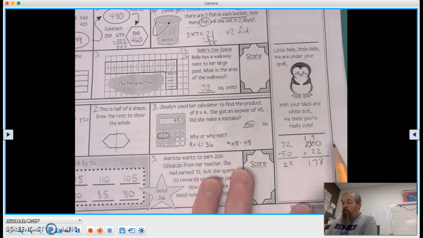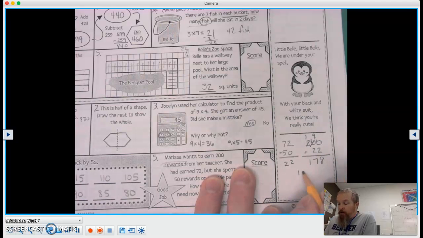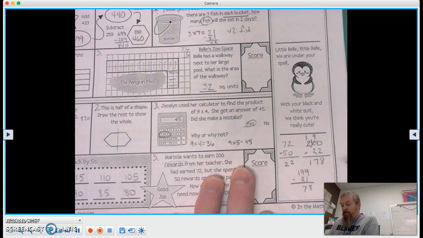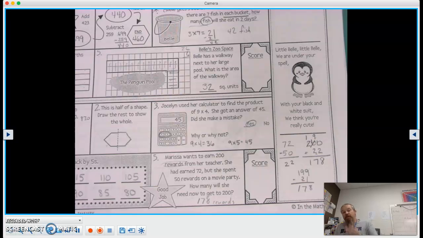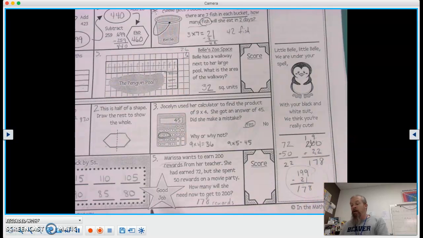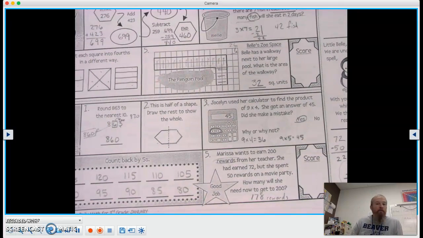So we could take 1 away from 200, which would make it 199, and then we could also take 1 away from the 22, which would make it 21, and then subtract. 9 minus 1 is 8, 9 minus 2 is 7, and there's a 1. So it does give us the same answer, and you may want to think about making it 199 minus 21 rather than 200 minus 22 if you have a problem with subtracting across zeros. Find a way to make it work.